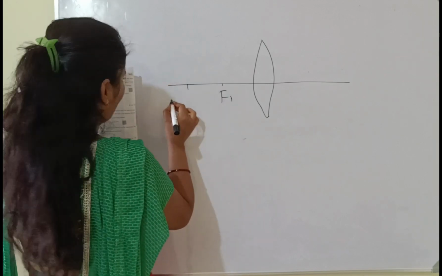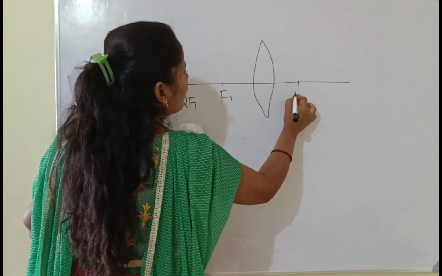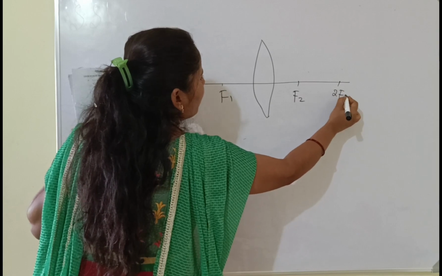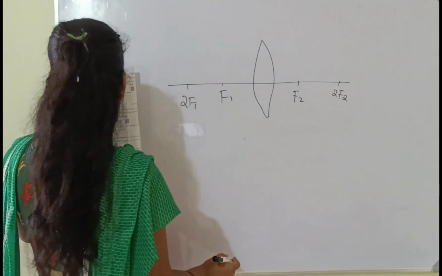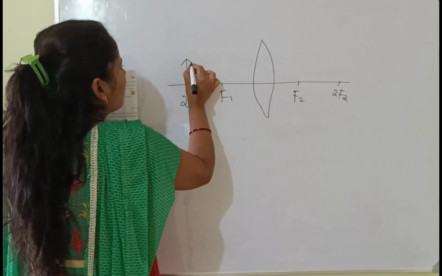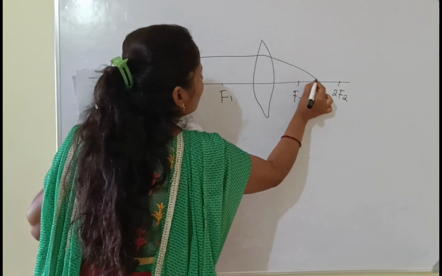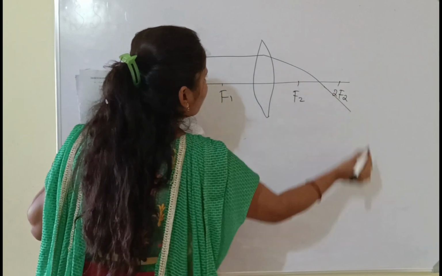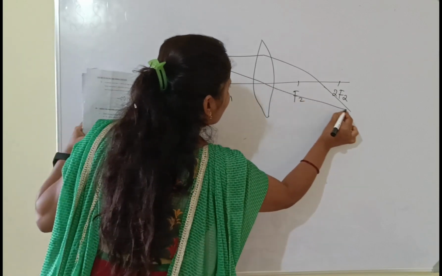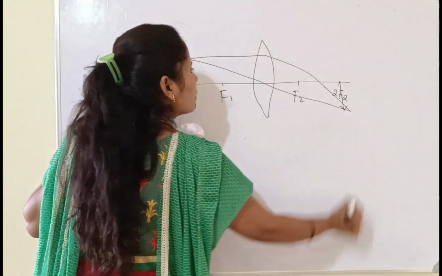F1 to F1, F2 to F2. So the object is at 2F1. So another ray will pass, and they will meet at F2.